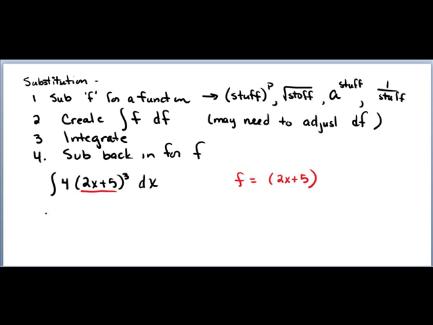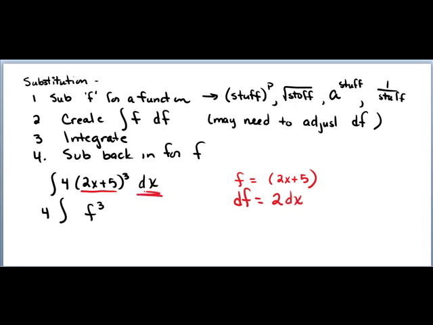So when I rewrite this integral, I'm going to put the 4 out front. The 2x plus 5 is going to become f to the third. And then I have to make sure that I represent df. And df, the derivative of f, is 2 times the derivative of x, which is dx.